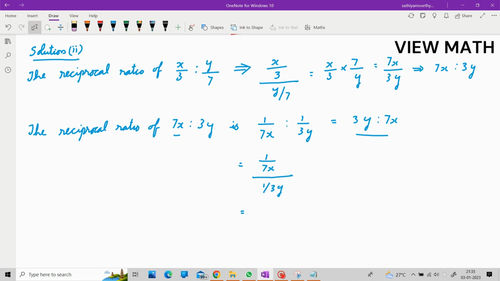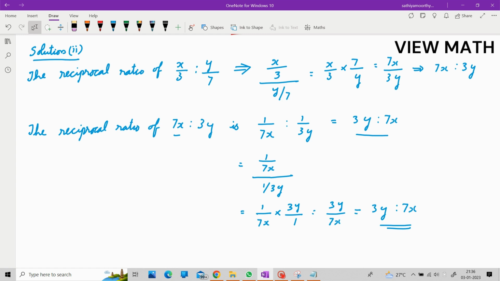Now I'm going to take the reciprocal of this, the denominator. I'm bringing to the numerator, so I have to take the reciprocal. So it becomes 3y/1, which is equal to 3y/7x. So this can be written as 3y is to 7x.